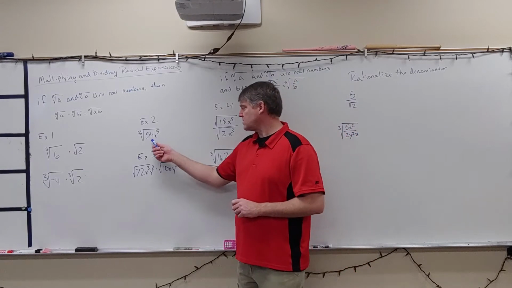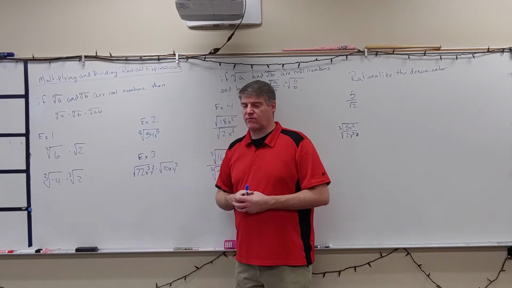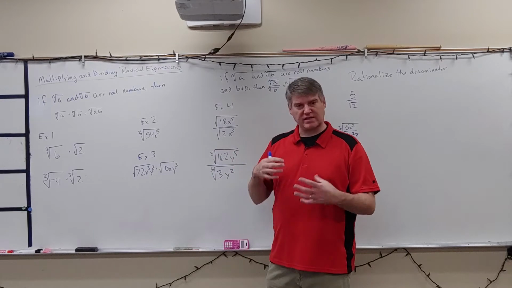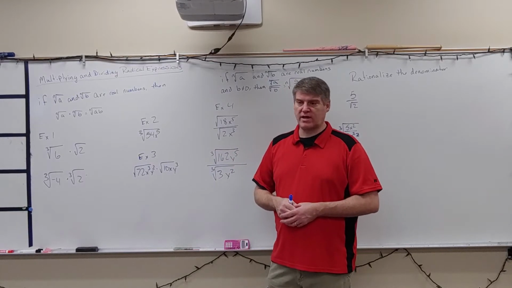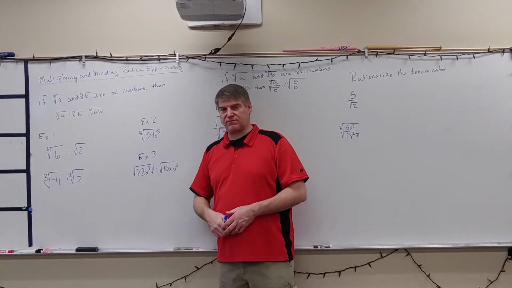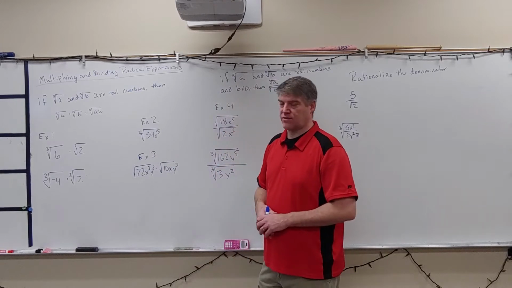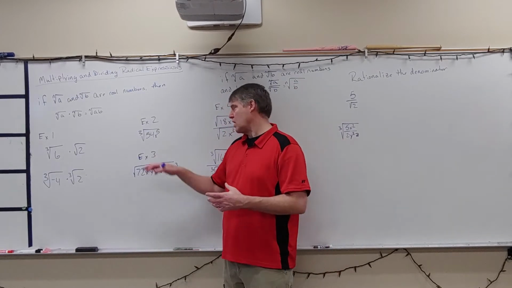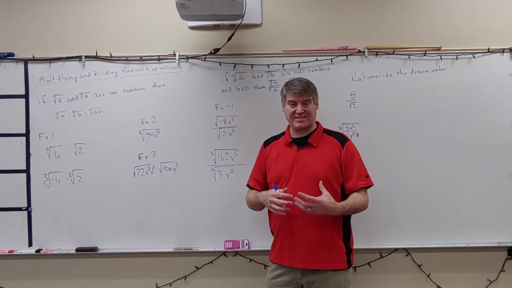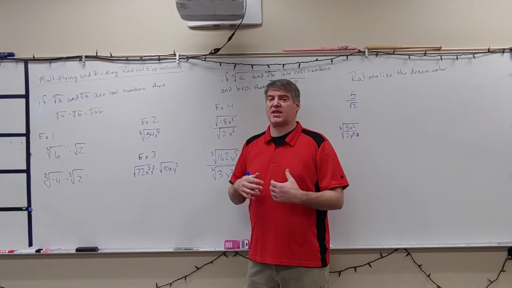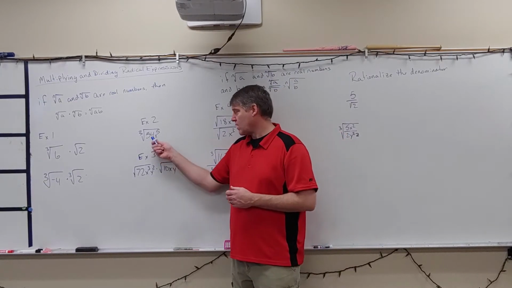The first thing is we need to break up 54 because we want an exact value. We don't want a decimal like 3.8962. We want this to be exact, so there might be pieces left inside the radical.